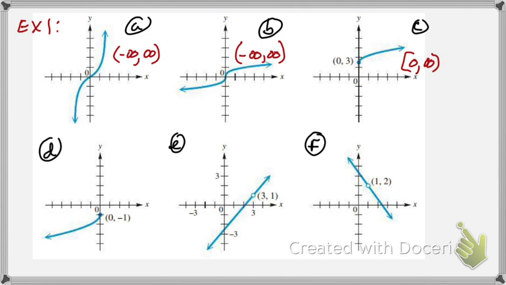Look at D. Weird little function. What's its domain? Negative infinity to 0. Is it continuous that whole time? Yeah. E. Now, it looks like the domain is all real numbers except for 3. This is saying x cannot be 3.